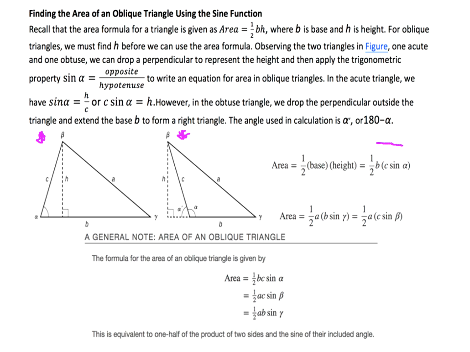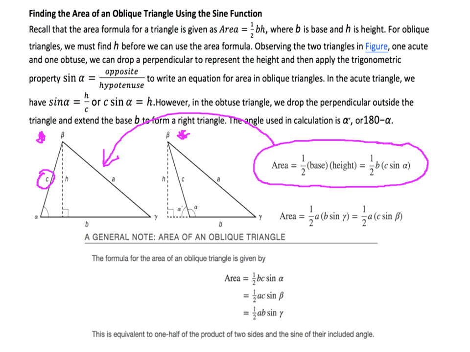So this first formula, area equals 1/2 base times height, goes with this first triangle because the base in that triangle is side B, and the height can be gotten by multiplying C times the sine of alpha. And that's from where we cross multiply and divide all that. So that's what we get when we do that particular calculation.